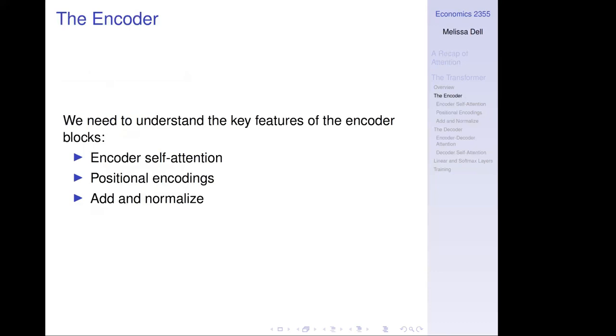There are a few key features of the encoder blocks that I am going to highlight. The first, which we've touched on, is encoder self-attention, which means you pass in a sequence of words.